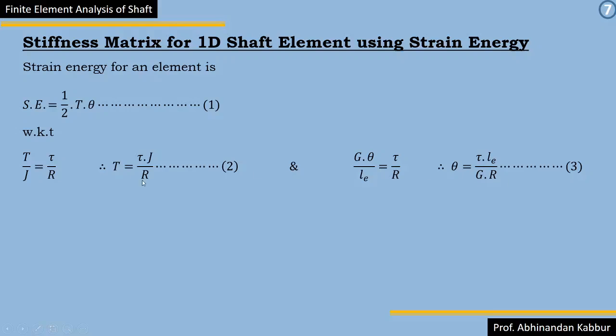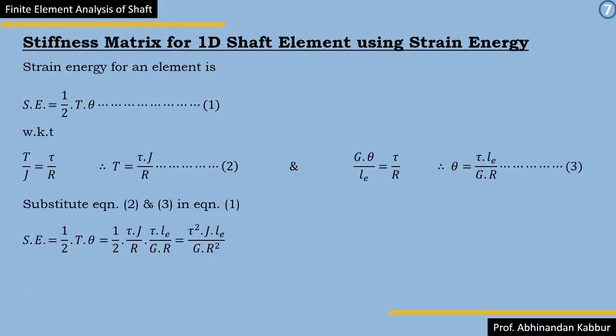So these are the two equations we have obtained, the torque as well as theta, and I need to substitute them in equation number 1. Substituting equations 2 and 3 in equation 1, this is what I get. Strain energy is equal to half into T into theta. Half as it is, T is nothing but tau into J divided by R, that is what I have substituted here.